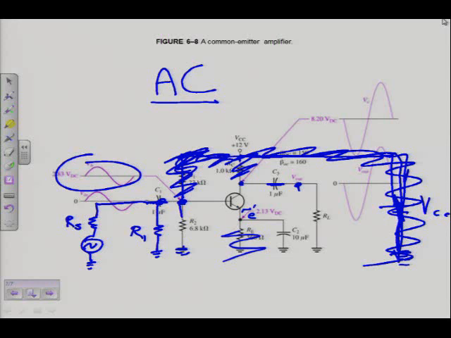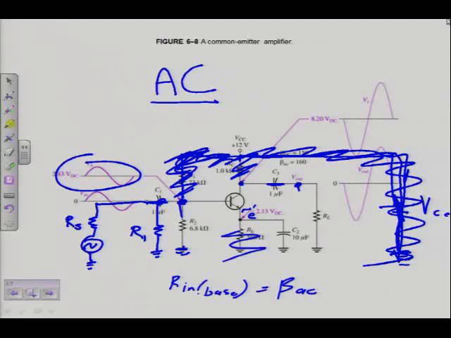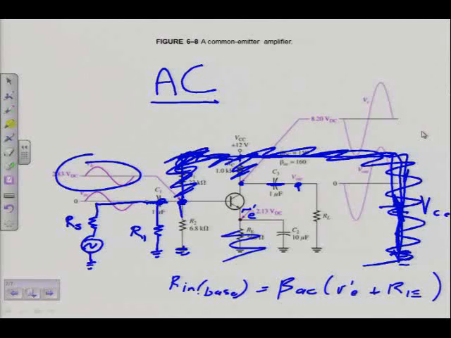R accent E. So if I bypass everything at the emitter, input resistance R in at the base is going to be beta times R accent E. As a matter of fact, to be absolutely accurate, R in at the base is always equal to beta AC, if you don't have AC, of course, you use DC, times R accent E plus RE. That's what it always looks like. But we also use a rule of thumb, and I will point it out to you later again.